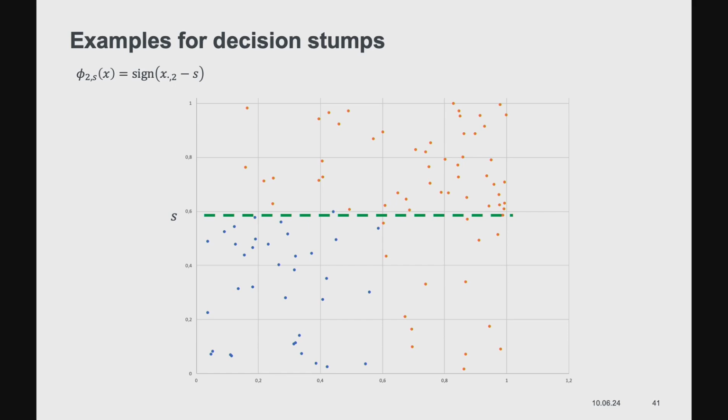But of course, it would put all these different red dots here into the wrong class. But the idea is then that we do not only have one decision stump, but we combine several decision stumps. So we would also have on another dimension another such decision stump. And now you see already with the combination of two decision stumps, we can, in this very simple example, I mean that's way too much toy-like, separate the blue dots from the red dots.